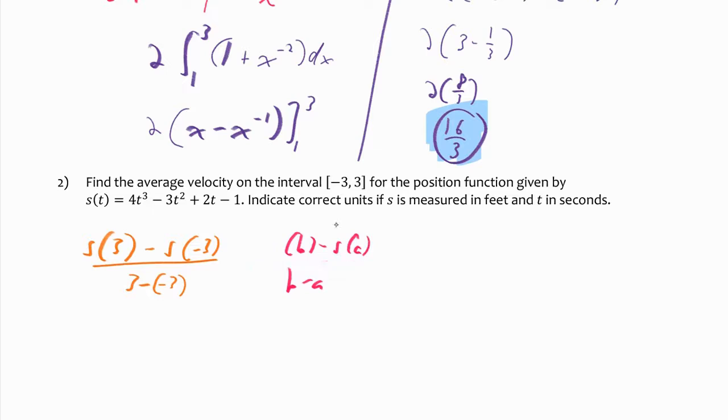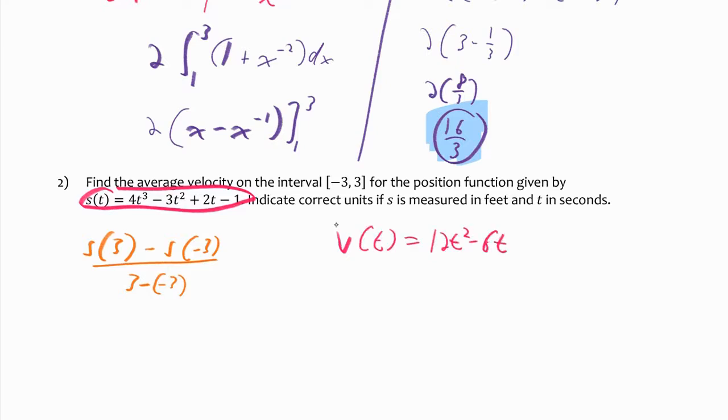And another way to do the same thing would have been to say, here's the position function. So I know that the velocity function is equal to 12t squared minus 6t plus 2, the derivative of position.